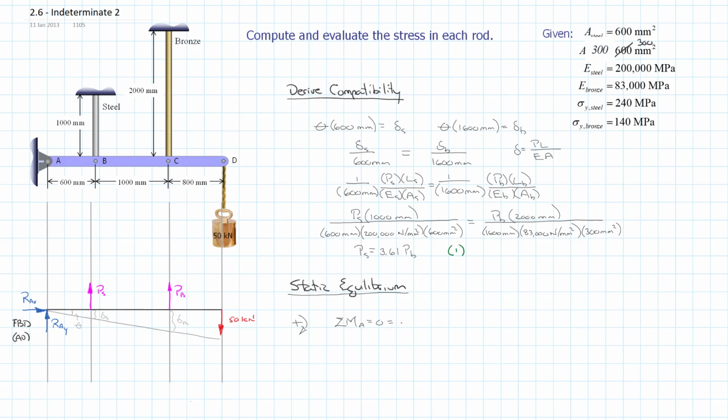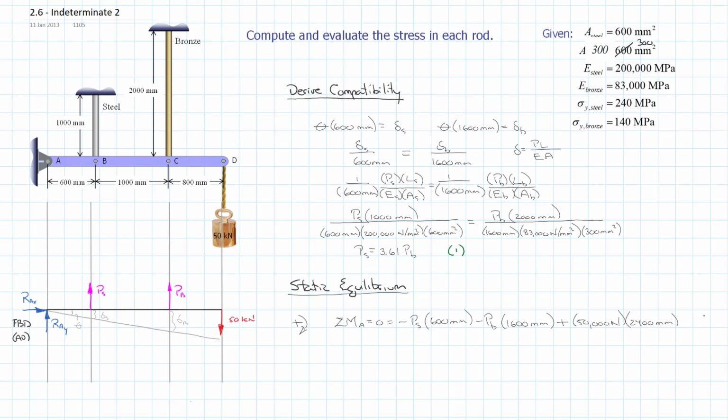It's trying to turn it counterclockwise, so we'll go negative P sub S times its perpendicular distance of 600 millimeters and minus P sub B times its perpendicular distance of 1600 millimeters, and then the 50 kilonewton force going clockwise or positive, so 50,000 newtons, and its perpendicular distance of 2,400 millimeters.